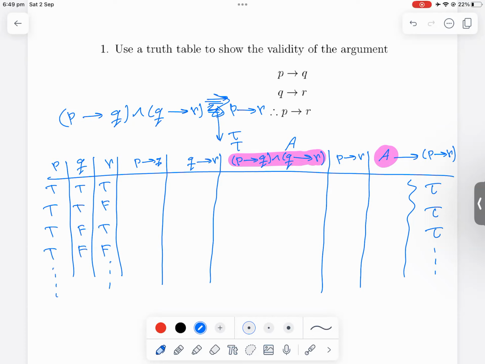So you continue. 8 rows here. So you proceed here.